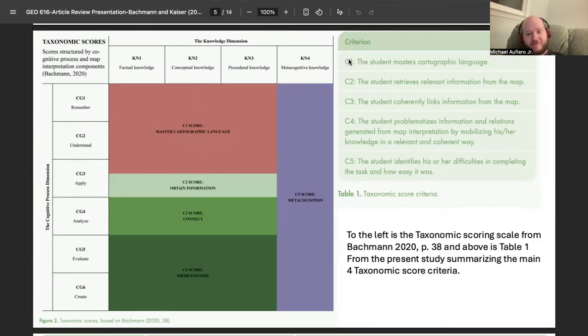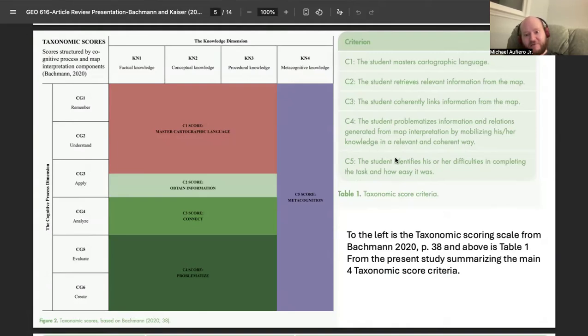The criterion for the scores for C1, the student masters cartographic language. C2, the student retrieves relevant information from the map. C3, the student coherently links information from the map. C4, the student problematizes information and relations generalized from map interpretation by mobilizing his or her knowledge in a relevant, coherent way.